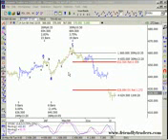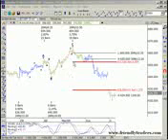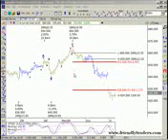Now we still have 1 short unit in play in the event that our analysis is correct. This is the completion of the ABC corrective rally and the May 24th low is taken out. And that's exactly what happened. The price target for the second unit was the 127% external retracement of the May 24th to May 30th ABC corrective rally.